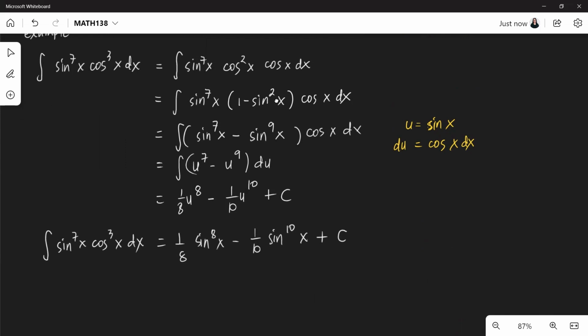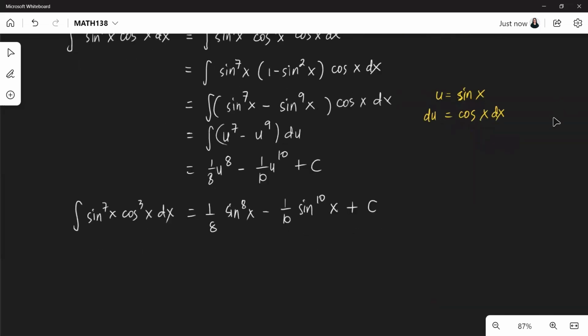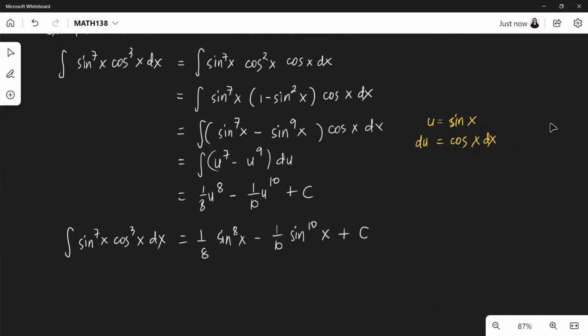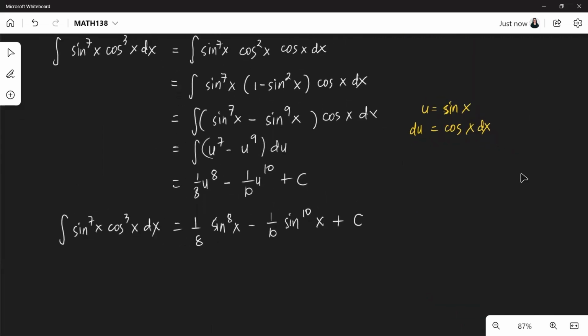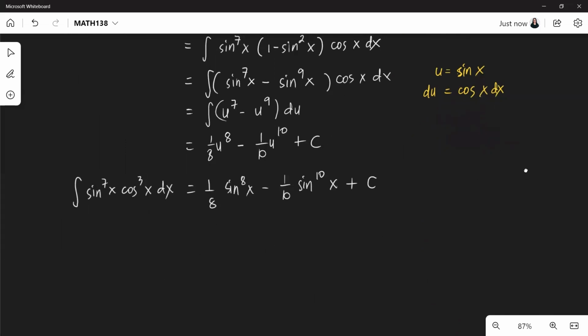So you need to really know what the techniques are, so you can right away decide on what method to use. All right, so that's case number 2 for group number 2 of solvable groups of trigonometric integrals.